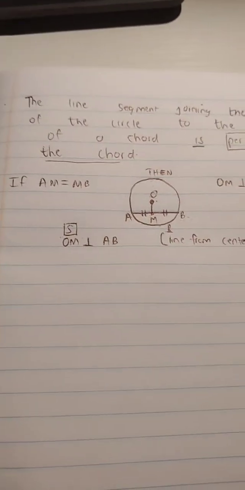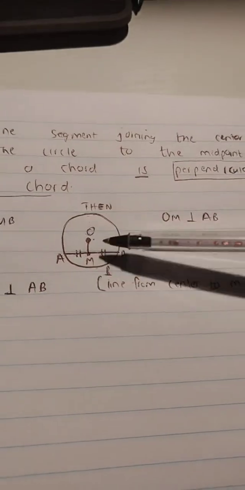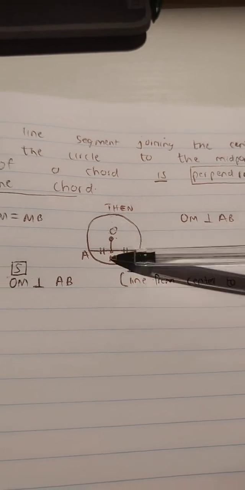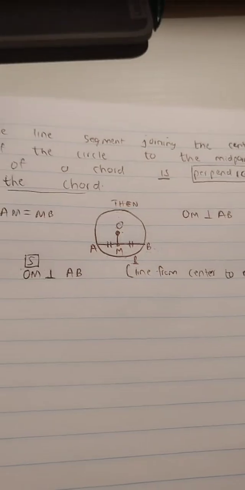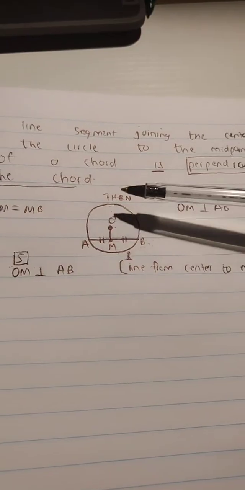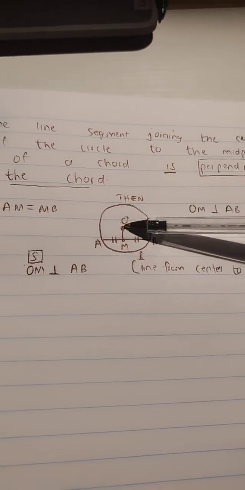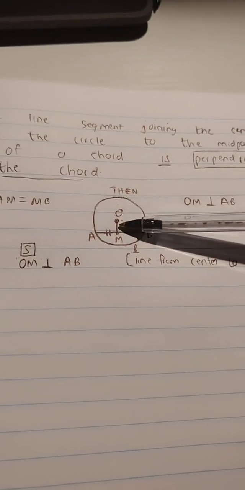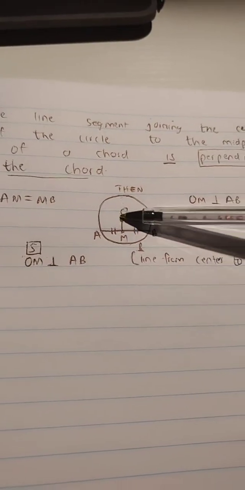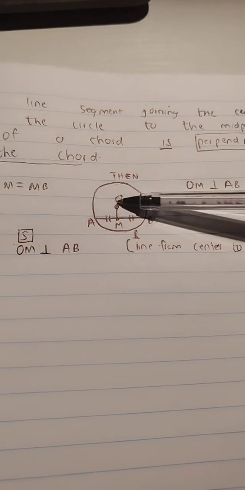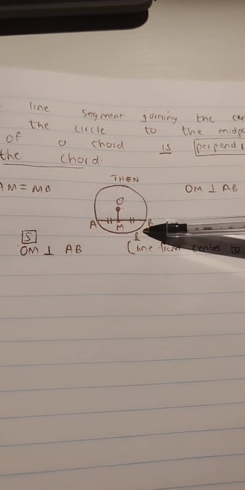This theorem is saying the line from the center to the midpoint of the chord, that was wrong what I said initially. The line from the center to the midpoint of the chord is perpendicular to the chord. That's what I was supposed to say.